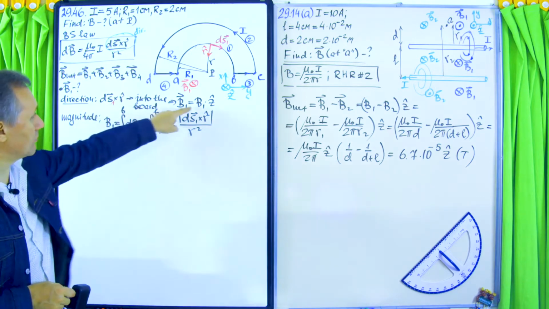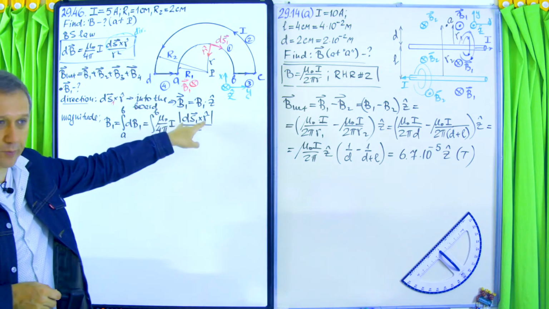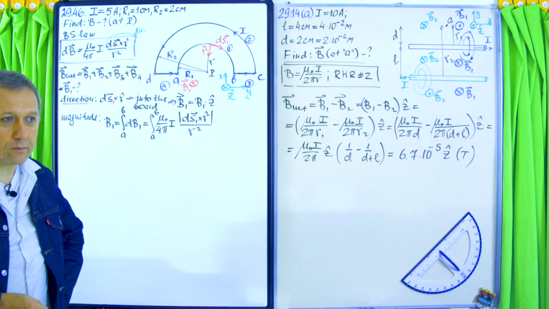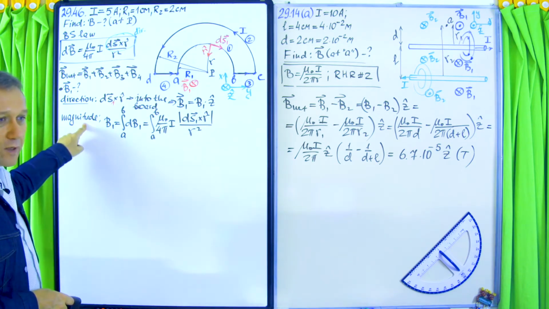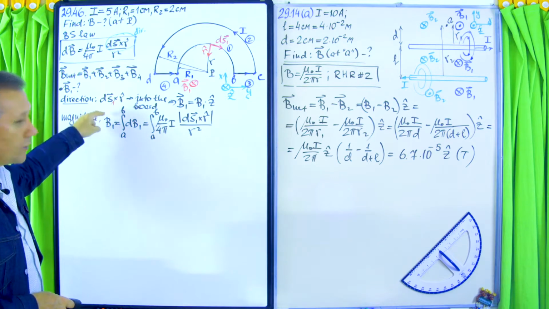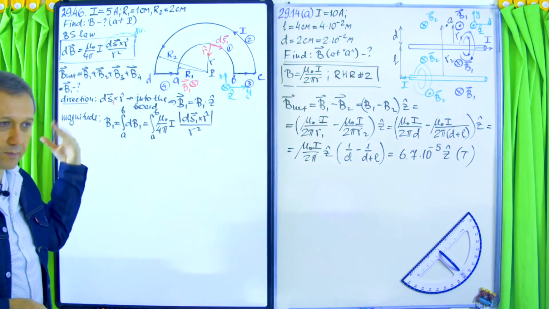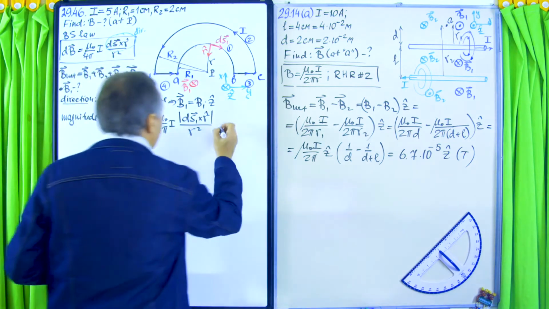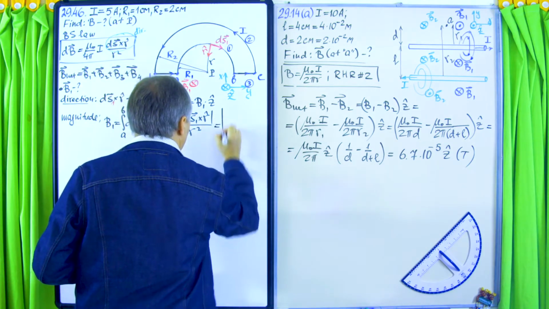Because we know the direction. Direction is determined by this cross product, right? So now I just need to look at the absolute value. I'm just trying to find the magnitude, and that's why I didn't draw a vector sign on top of B1, because it's a magnitude, right?